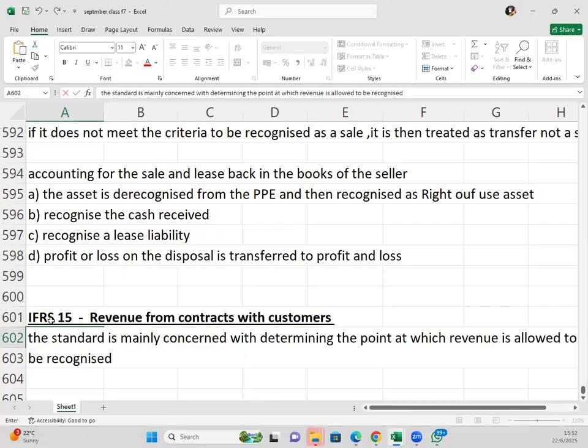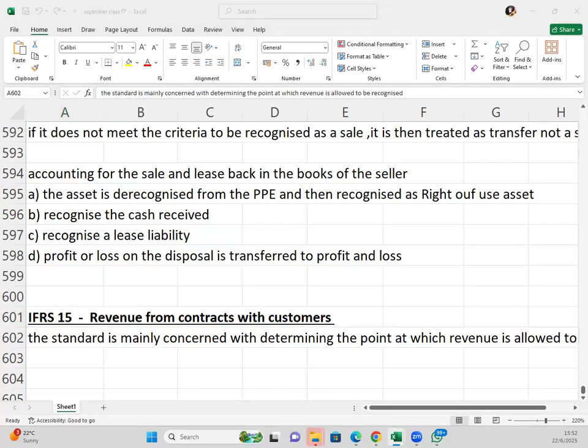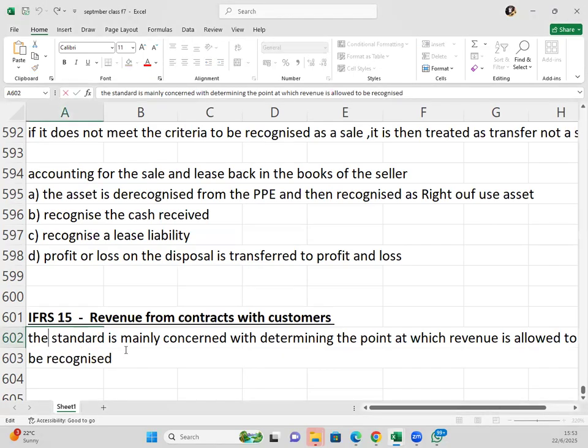When can we say we have made sales? When can we start recording our revenue in our books of accounts? Because we have transactions where the revenue is received over a period of time. You're not going to receive all the revenue at once. So at what point is revenue allowed to be recognized?